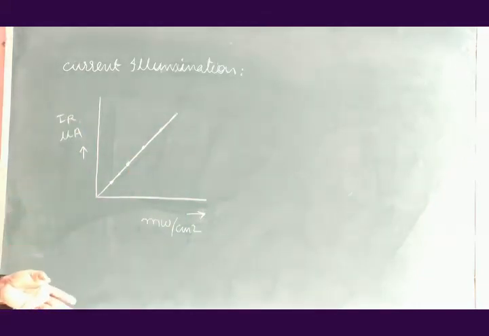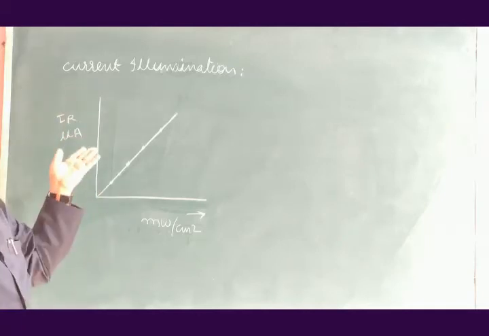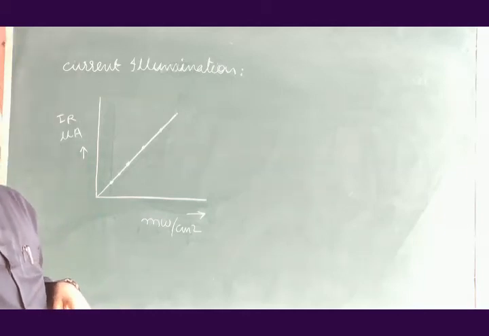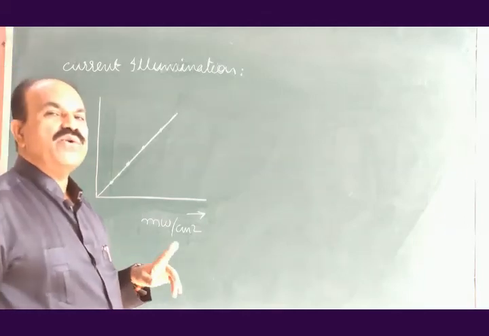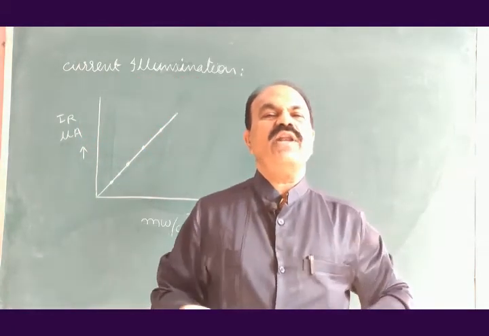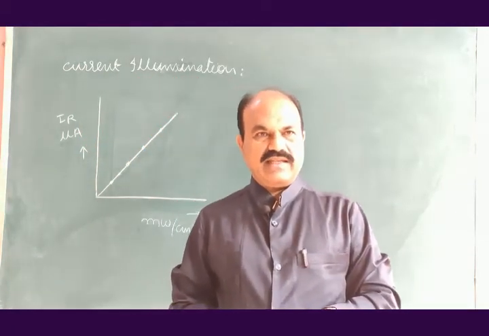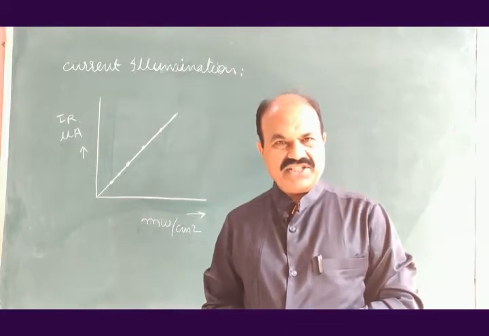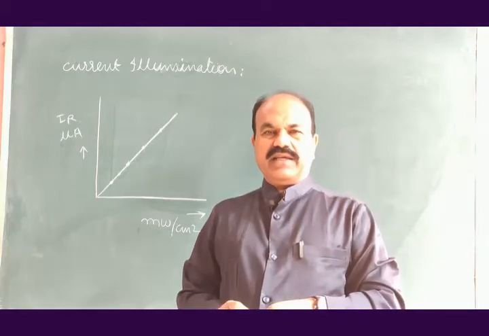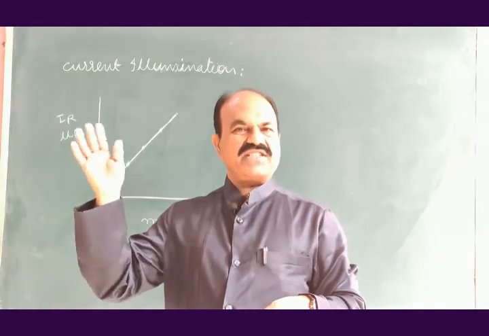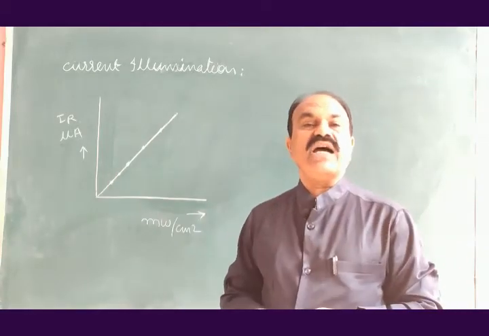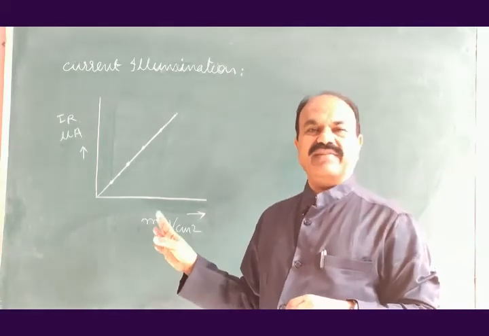What does this mean? The current illumination characteristics show a straight line. It means that the current flowing through a photodiode is always proportional to the intensity of light falling on the photodiode. If the intensity is small, the current flowing through the diode will be smaller. If we increase the intensity in steps, we will find that the current through the photodiode is also increasing in the same way.